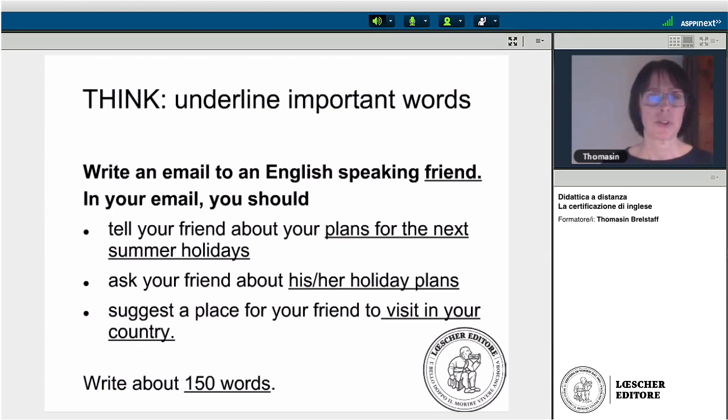The first point, tell your friend about your plans for the next summer holidays. The first thing that comes into my mind is to say where I'm going to go. Have we got any other ideas about what we might write for that first point? So if I say where I'm going, what other points might you write about? Write your ideas into the chat box.